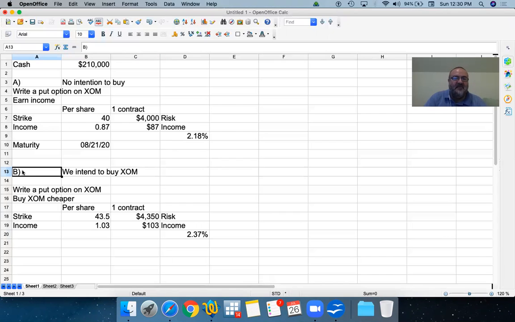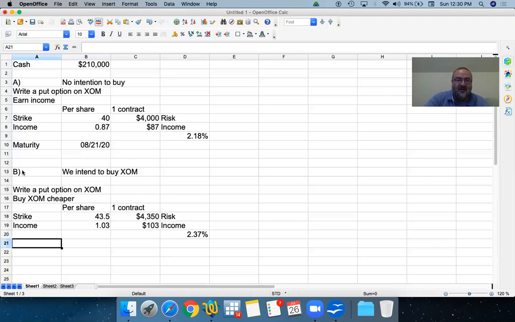Instead, we say, okay, we think that Exxon may go up or may go down, and we're willing to buy this at $43.50. In fact, we intend to buy this at $43.50. Then we write a put option at $43.50. We collect $1.03, and that's our income.